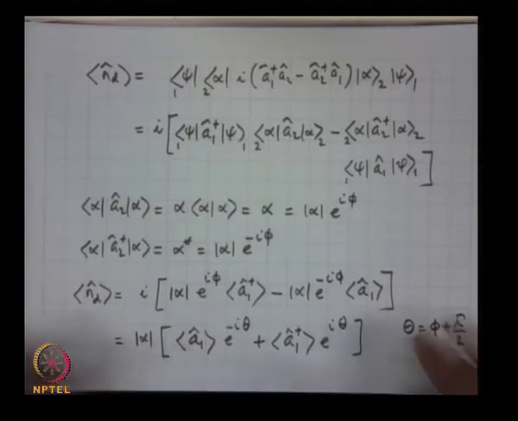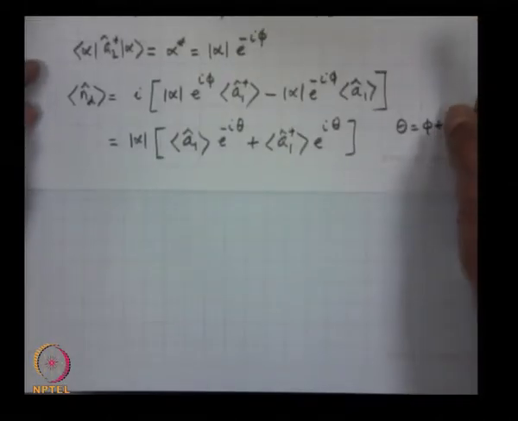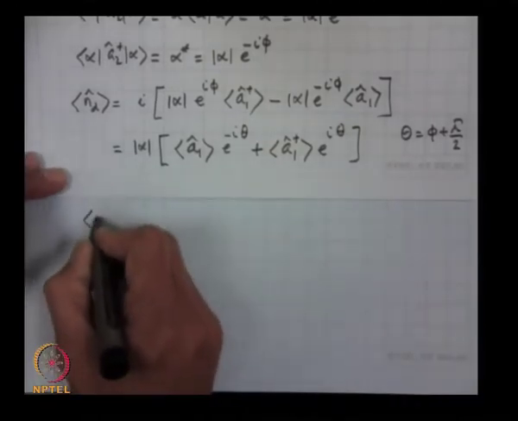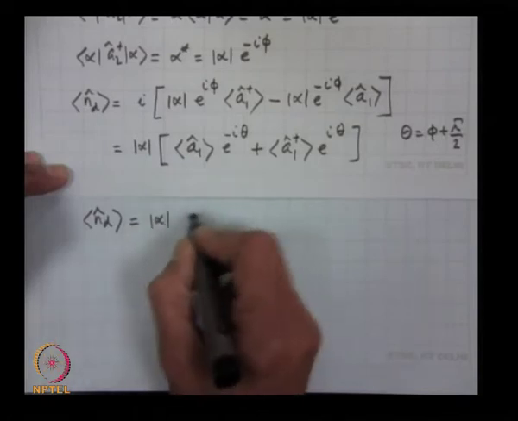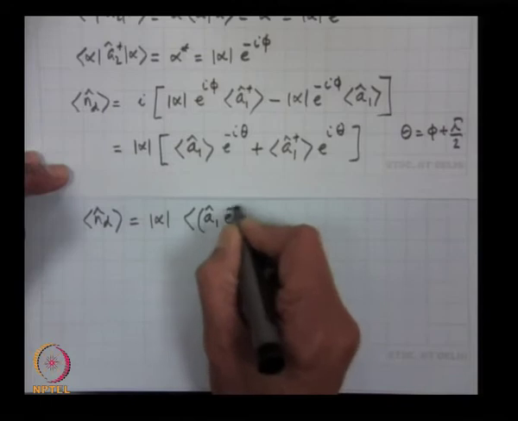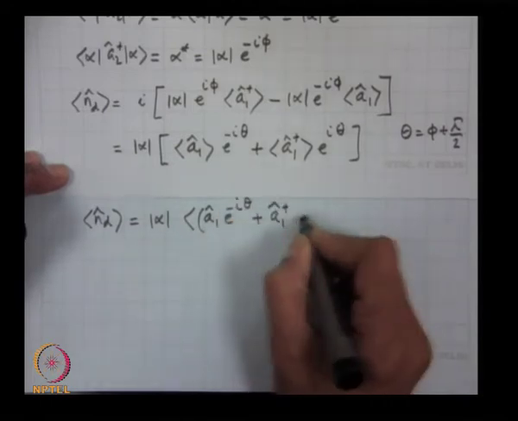So actually, this is nothing but the expectation value of a1 e to the power minus I theta plus a1 dagger exponential I theta. So let me write this as mod alpha. This is expectation value of a1 e to the power minus I theta plus a1 dagger e to the power I theta.